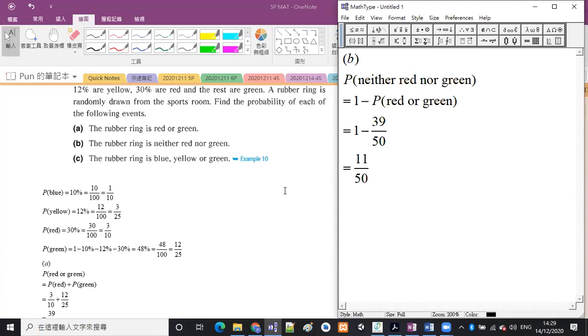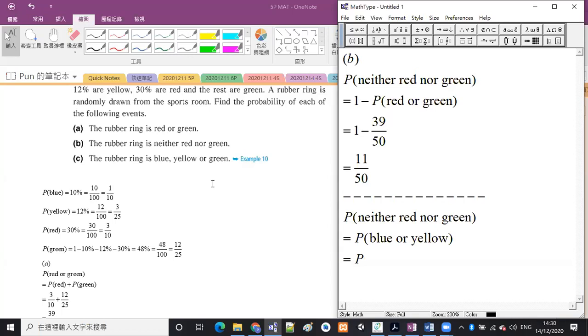Okay, neither red nor green can be transformed into either blue or yellow. It is actually equal to blue or yellow. You can do it this way. So method 2: P neither red nor green is changed to P either blue or yellow.